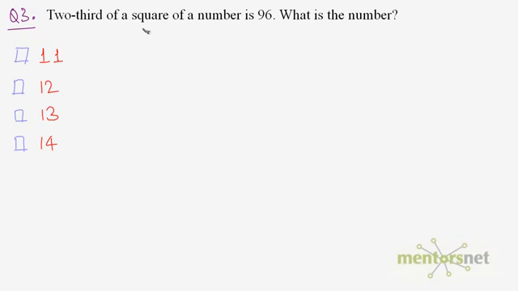2/3 of a square of a number is 96. What is the number? Well, you have 2/3 of the square of a number. If the number is x, you have x square as 96. So you have to calculate the value of x. Let us move x to the left hand side and the other terms to the right hand side of equals to. So you have x square equal to 96 times 3 divided by 2.